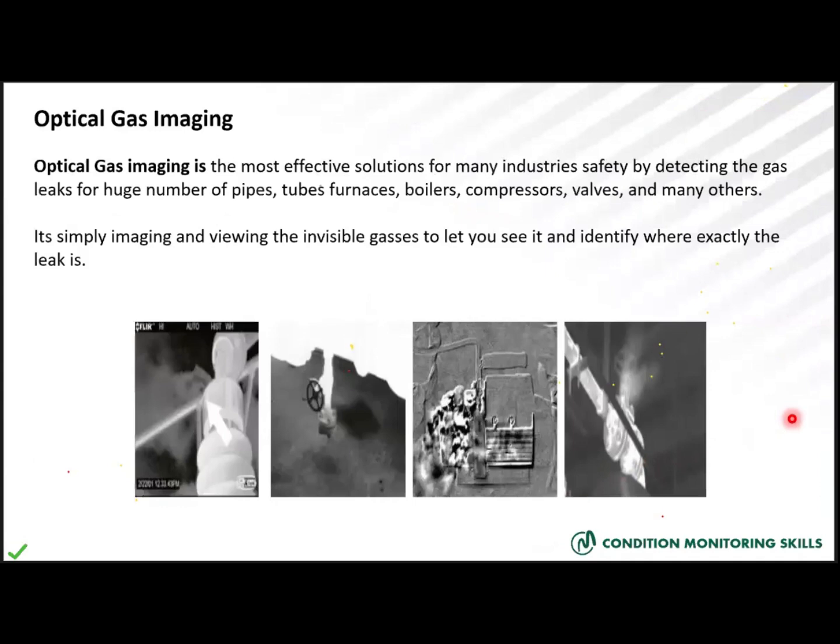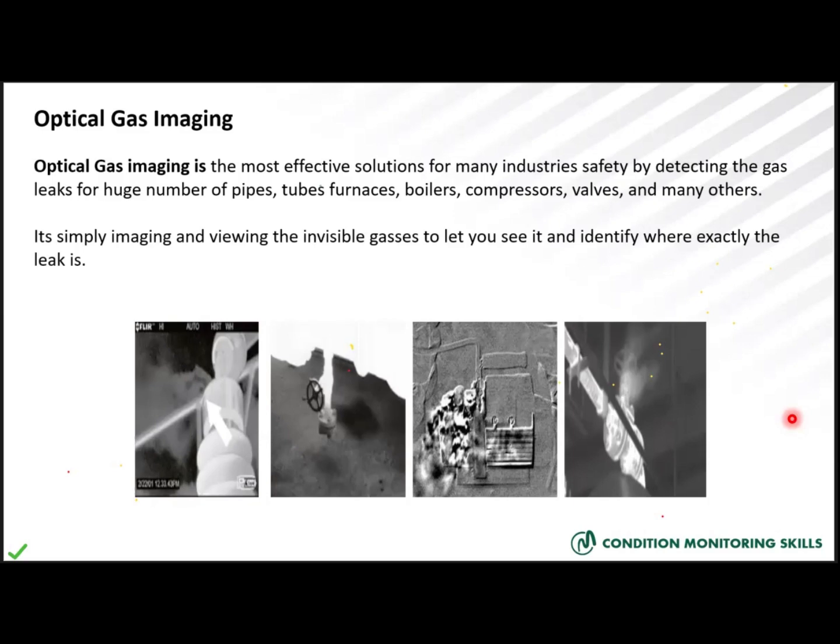We can use infrared thermography as well in optical gas imaging. It is the most effective solution for industry safety by detecting gas leaks in a huge number of pipes or tubes, furnaces, boilers, compressors, valves, and many others.